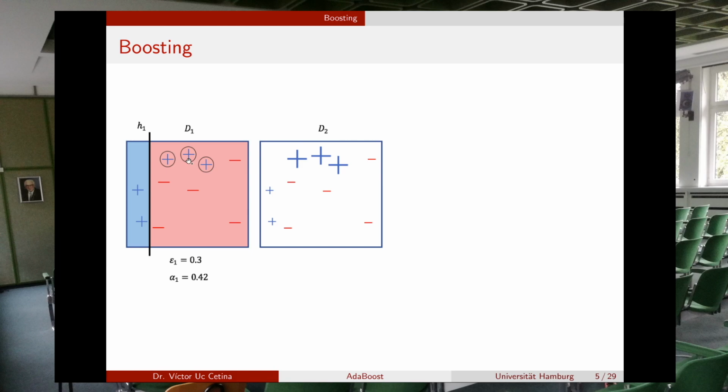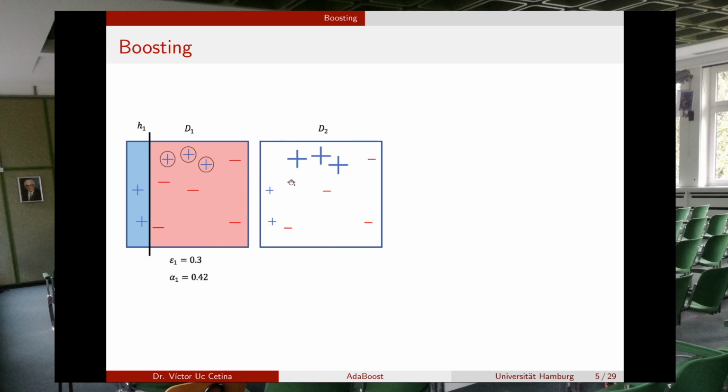In that way we are telling our algorithm, I want you to focus more on these examples because the previous weak learner could not classify them correctly, to learn how to classify them correctly. So we increase the weight of those examples.